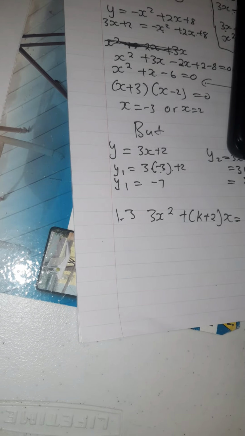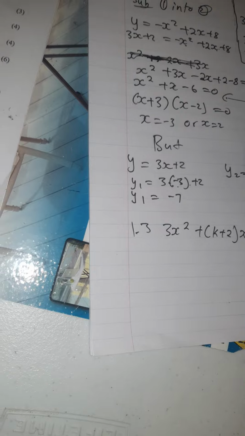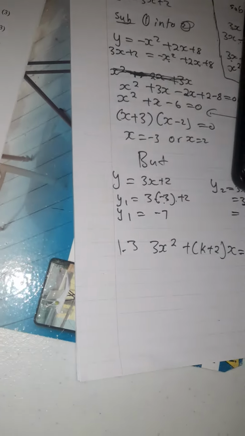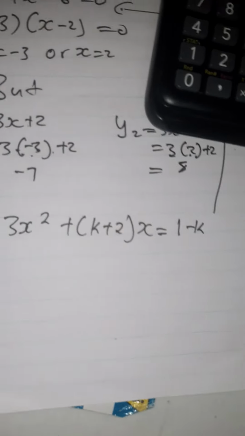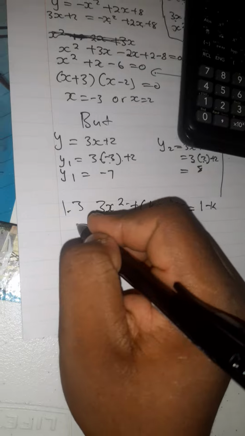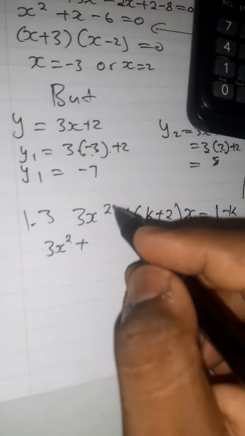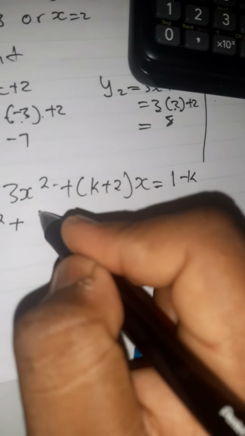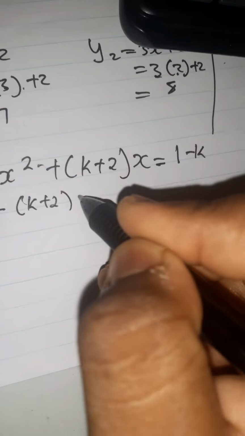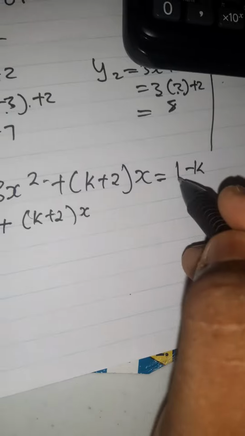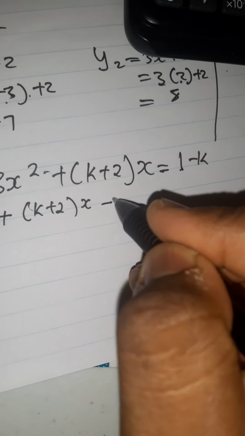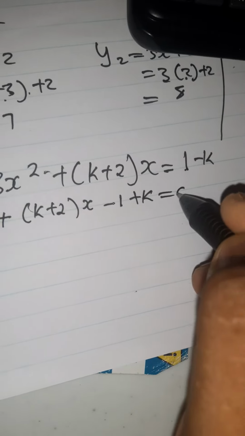So now we must expand our equation. Let's simplify it. Let's take these things to the other side. So we're gonna have 3x² + (k + 2)x, and 1 positive to the other side is negative 1 plus k equals 0.